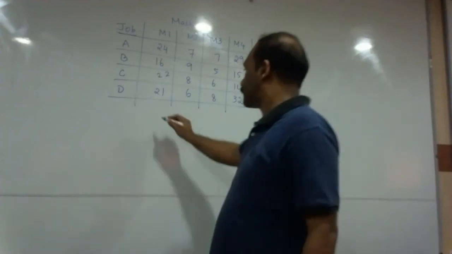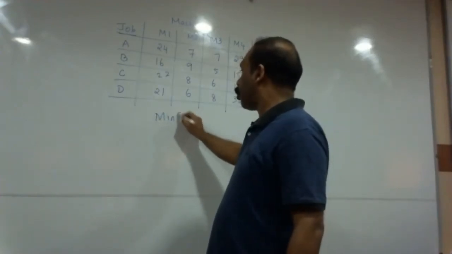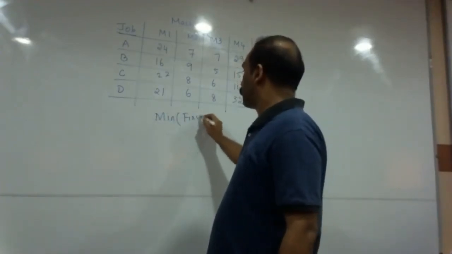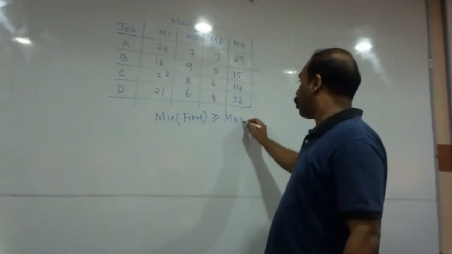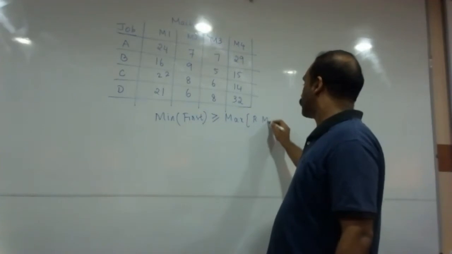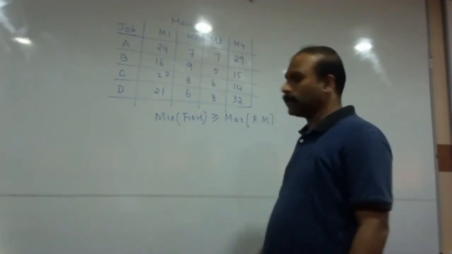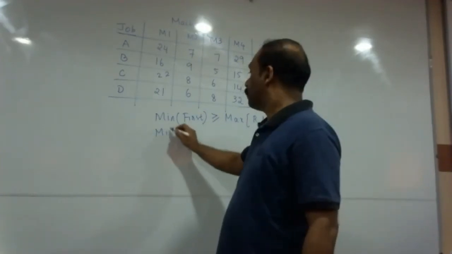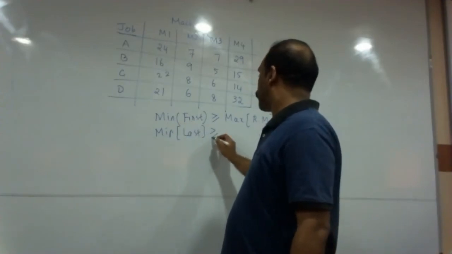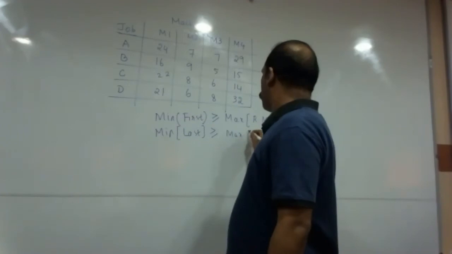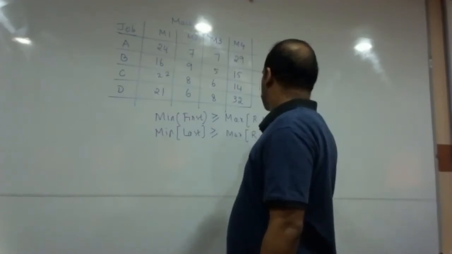The first condition says the minimum of the first machine should be greater than or equal to the maximum of the remaining machines. Condition number 2: the minimum of the last machine should be greater than or equal to the maximum of the remaining machines.